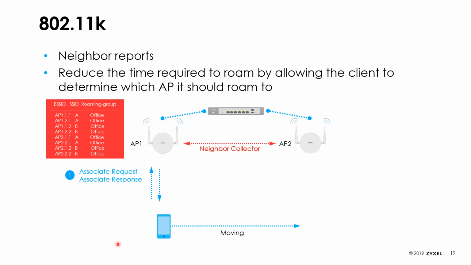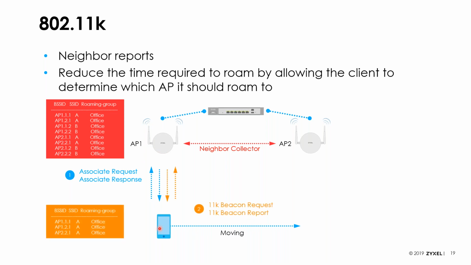And when a client associates to the AP, it sends an associate request, replied to by the AP with an associate response. Yes, you can join the AP. Then with 11K enabled, the AP sends a beacon request to the client, which, if the client supports 11K, sends back a beacon report.